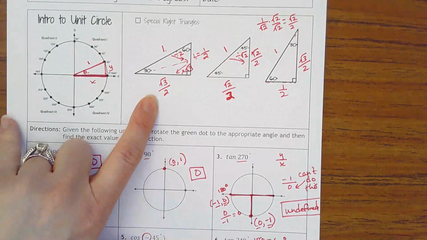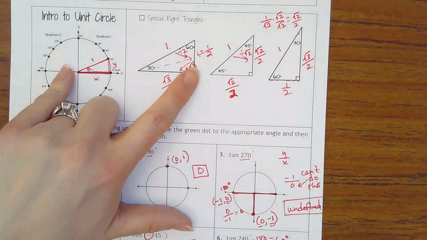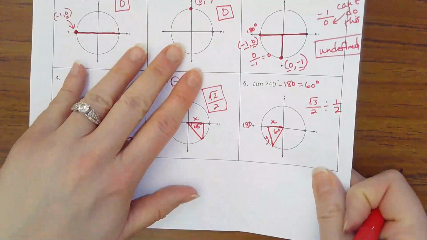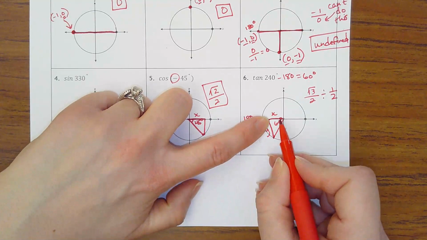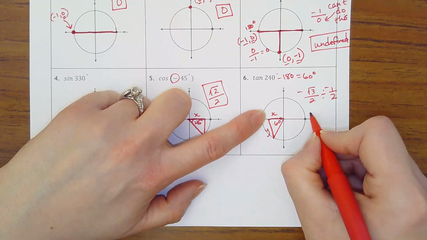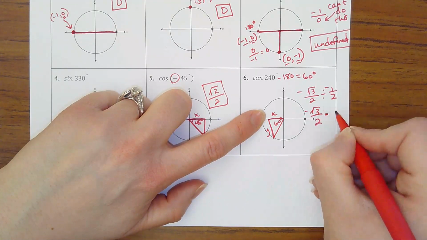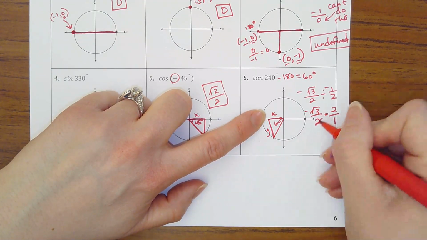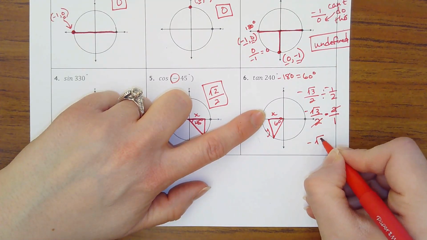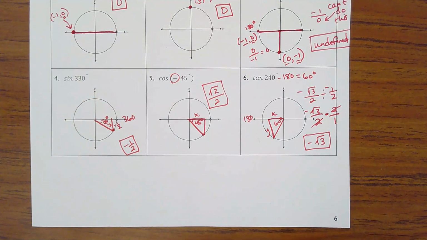Longer leg is square root of 3 over 2, divided by the shorter leg, 1/2. So it would look like square root of 3 over 2 divided by a half. They're both going to be negative. I also cannot divide fractions, so I multiply by the reciprocal, 2 over 1. My 2's can cancel. When I multiply straight across, I get negative square root of 3 over 1, which is negative square root of 3.